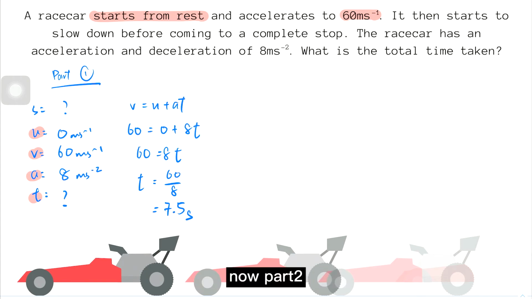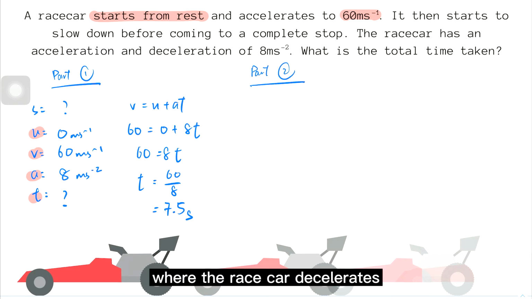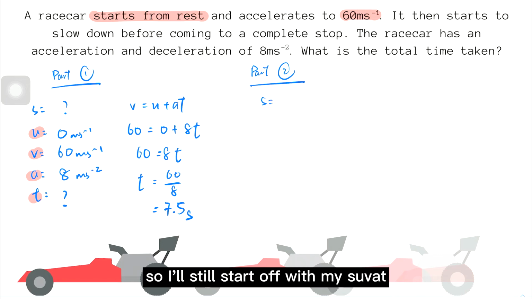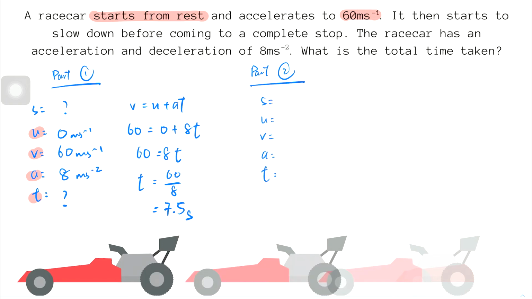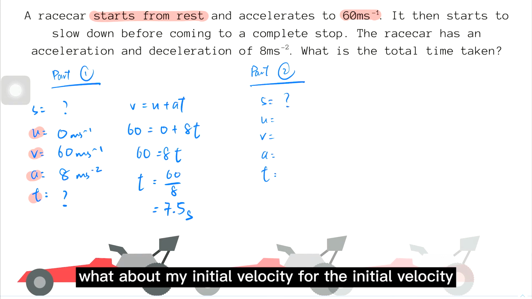Now part 2, I'm trying to find out the part where the race car decelerates. So I'll still start off with my Suvat. In this case, I still don't know how far the car traveled. What about my initial velocity?